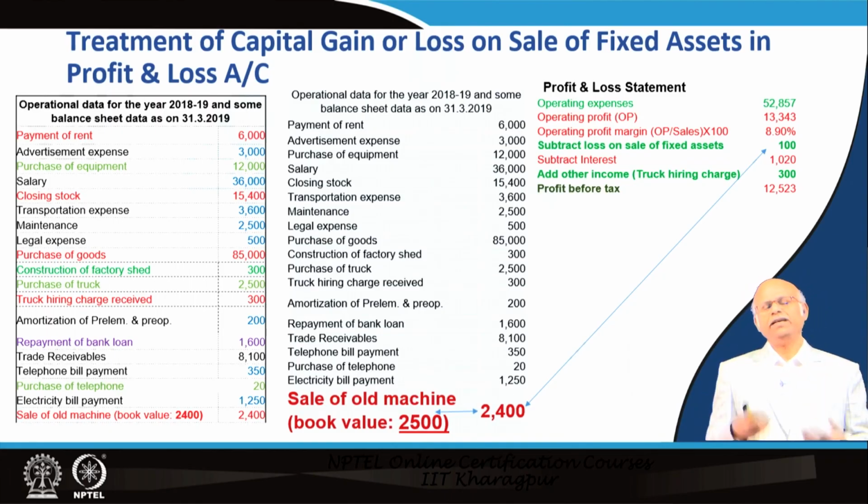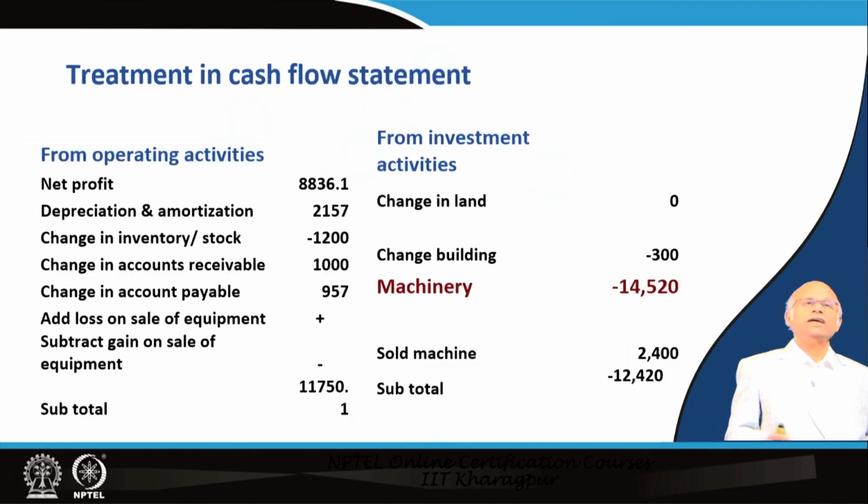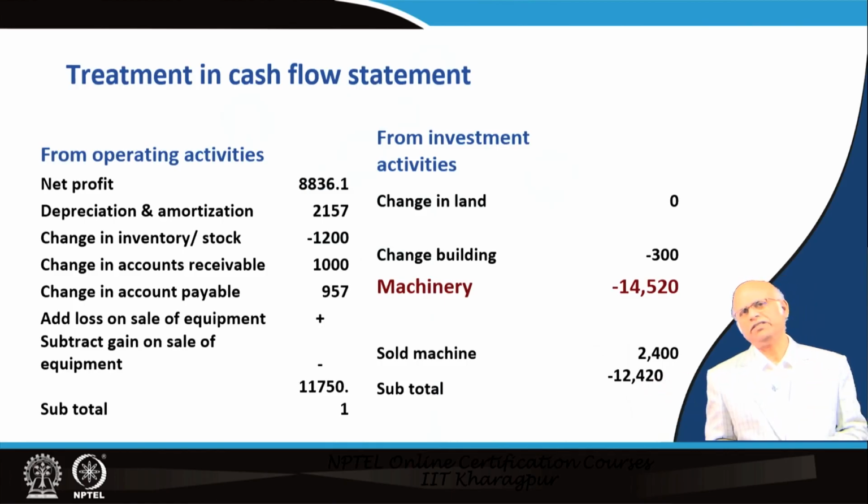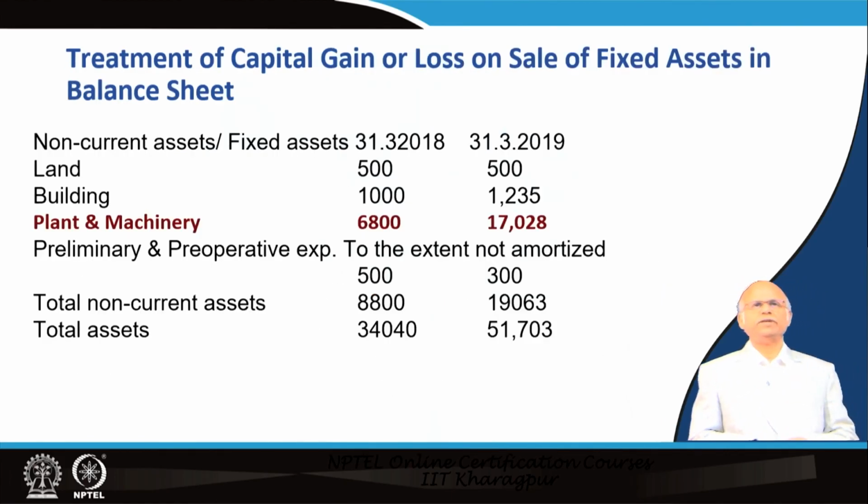So, taxable income goes down. In the balance sheet, whatever was the book value, that should be reduced from the total value. Suppose your machinery value was something, so you deduct the entire 2,400 from previous year's balance sheet, then you subtract all other transactions that you have made, and then estimate the net value.